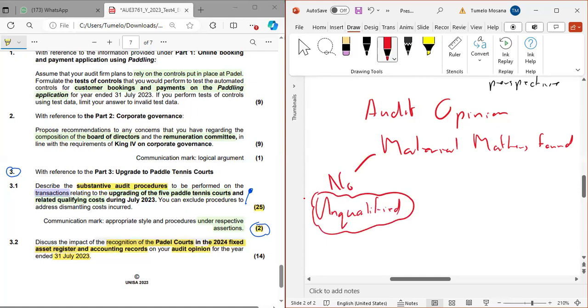Then, if you found material matters, which is a yes, the other question that you have is, does this misstatement impact the audit opinion?